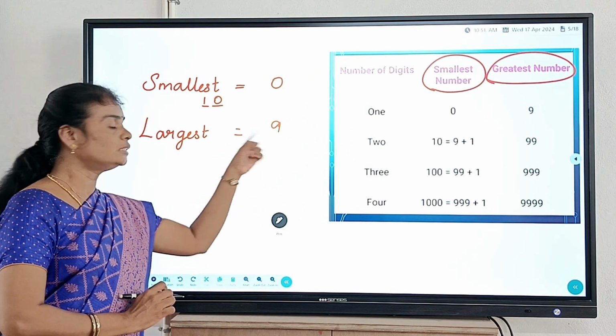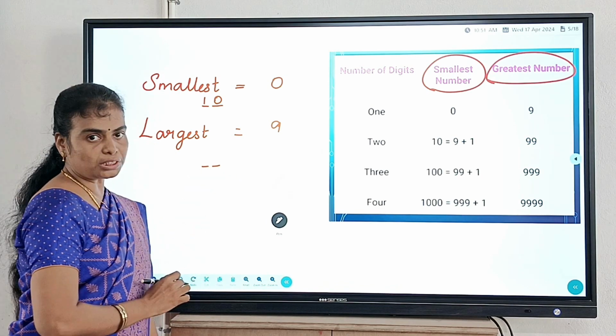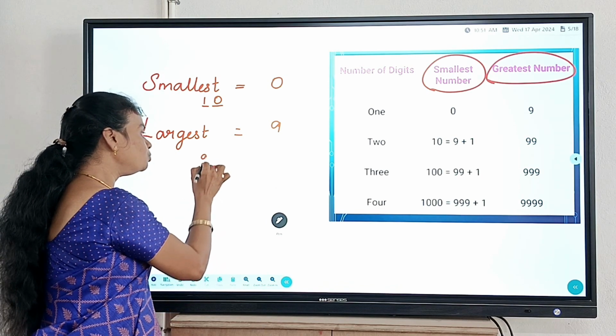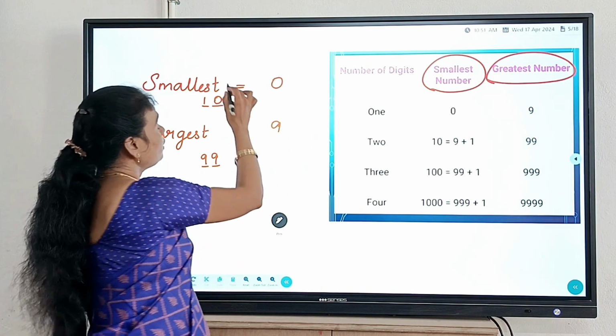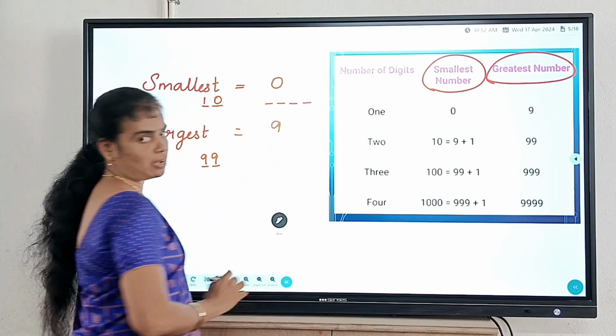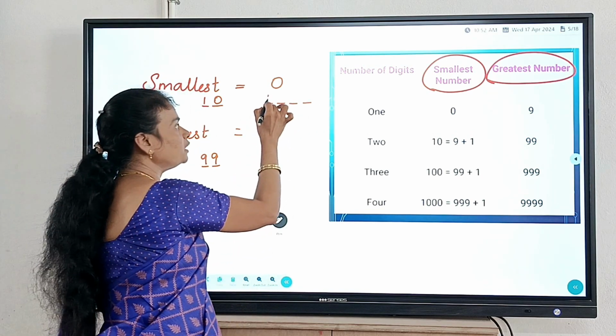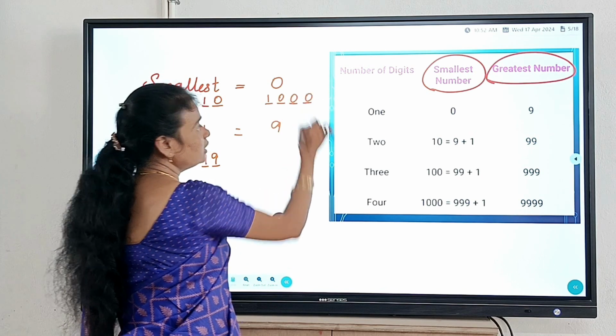Whereas the largest 2-digit number means the number consists of only 2 digits and both the places should be filled with 9. So if we are asked to find the smallest 3-digit or 4-digit number, the first place should be written as 1 and all the rest should be filled with 0.